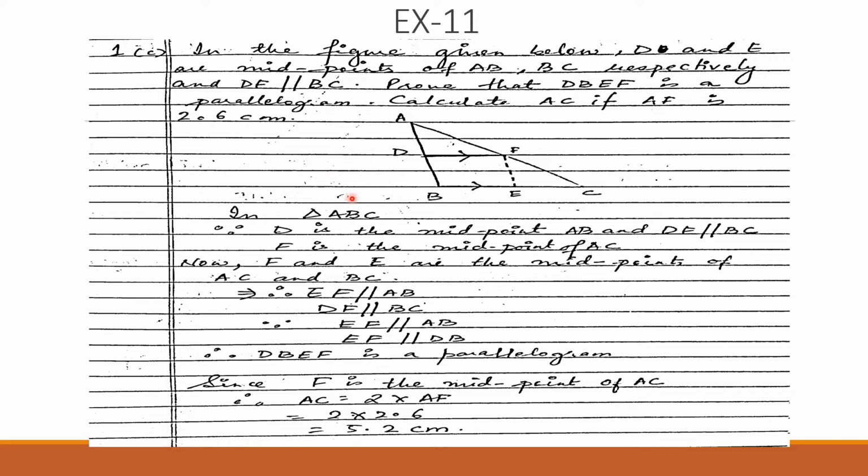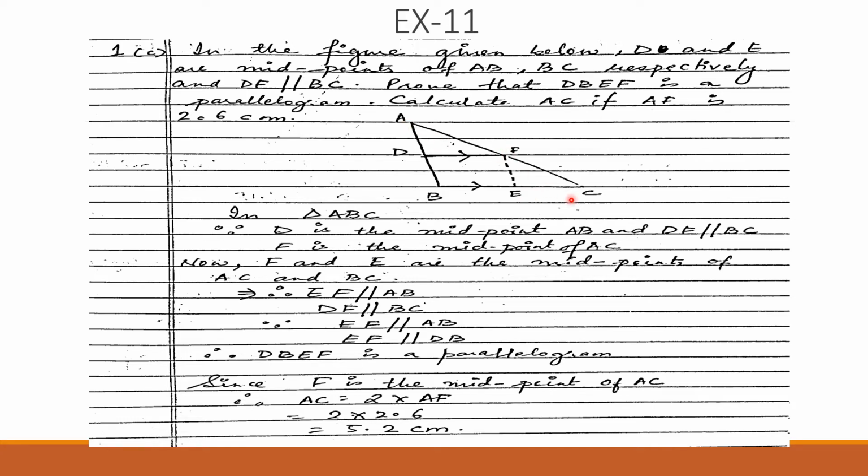So we have been told that D and E are the midpoints of two sides of a triangle. If I take a triangle ABC where D is the midpoint of AB, therefore DF will be parallel to BC, and F is the midpoint of the side AC here.